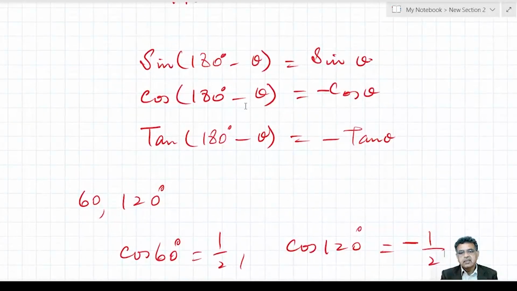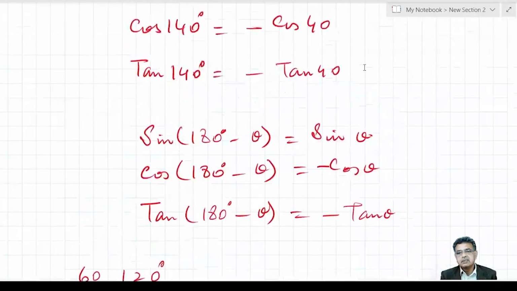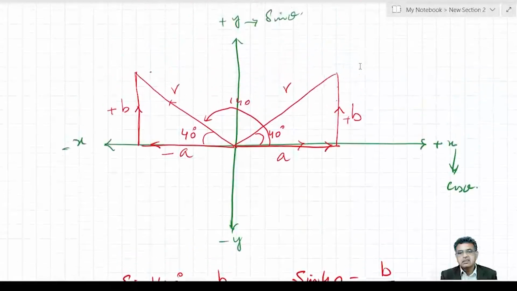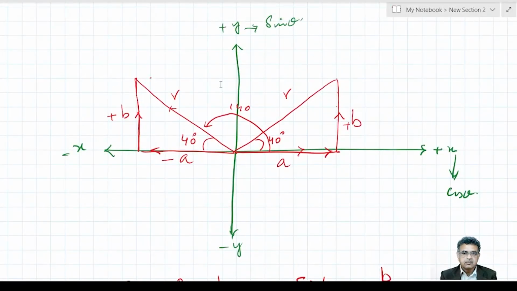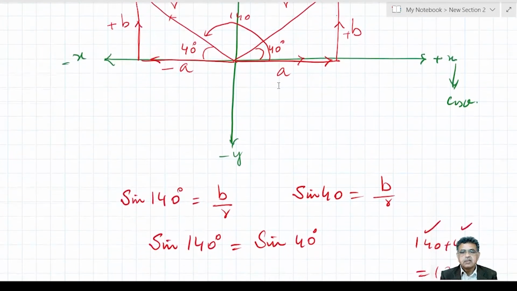So cos and tangent, their signs will be negative, but sine 180 minus theta will remain sine theta, and the reason behind it is that for theta and 180 minus theta, for sine it remains upwards, so there is no change in sign. But cos theta is on the right hand side, then cos 180 minus theta is on the left hand side.